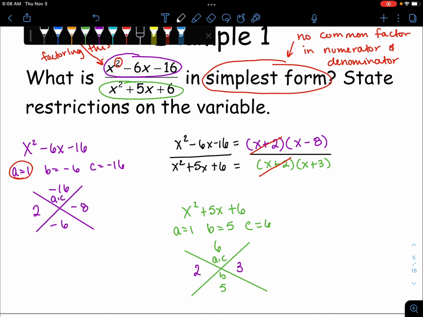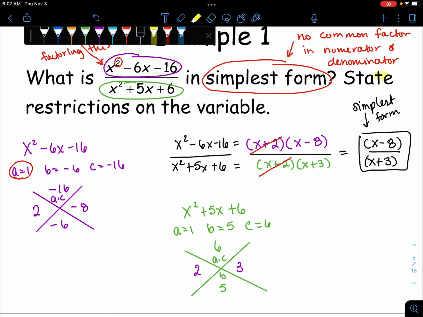Okay, so my simplest form will be x minus 8 over x plus 3. This is my simplest form.